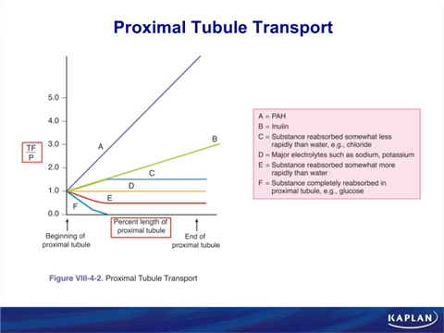Therefore, the tubular filtrate to plasma concentration of inulin goes from 1 to 3 because you're not reabsorbing or secreting inulin, but you are reabsorbing 2/3 of the water that was filtered. So the concentration of inulin in the ultrafiltrate increases, and that's why it increases.